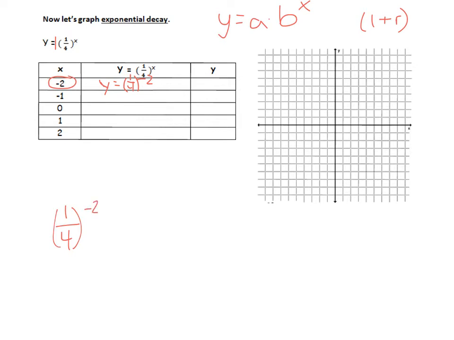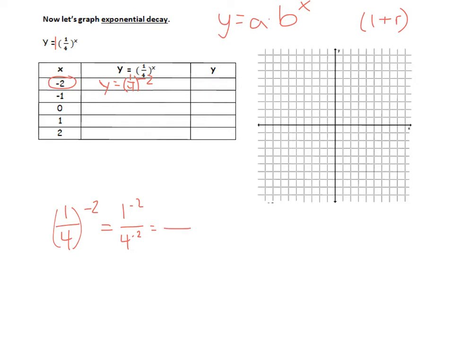Let's think back on our power rules for a minute, and then we will be able to compute this with our calculator. So 1/4 raised to the -2 means that 1 is being raised to the -2 and 4 is being raised to the -2. Remember, that is a power of a quotient. We also remember that a negative exponent means we need to move it and make the power positive.